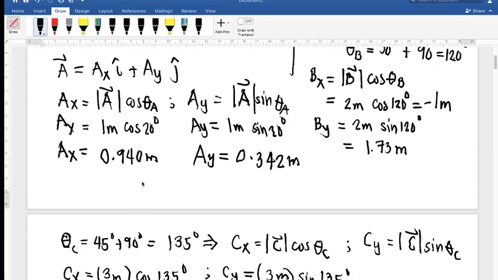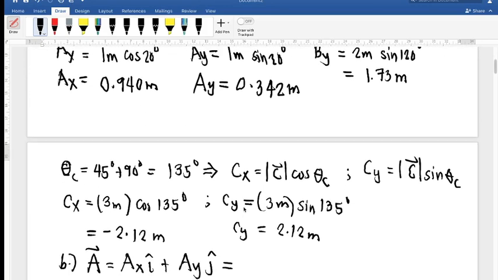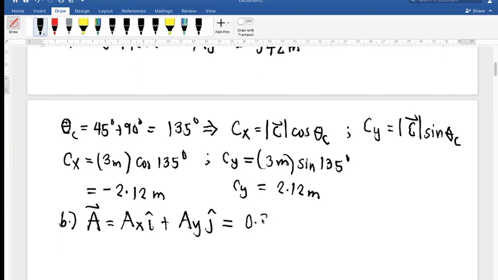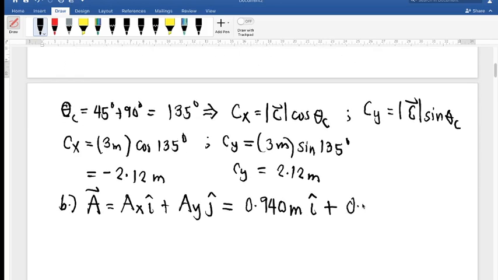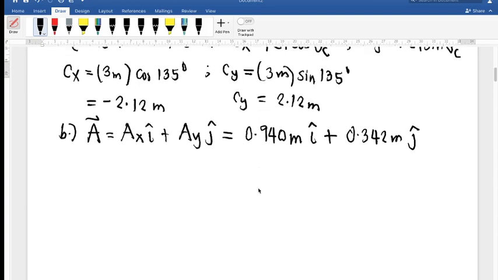So Ax is 0.94, so you just have to substitute it here: 0.940 meters i hat. So ganun lang. And your Ay is 0.342 meters j hat. Then that's how you express vectors in terms of unit vectors.